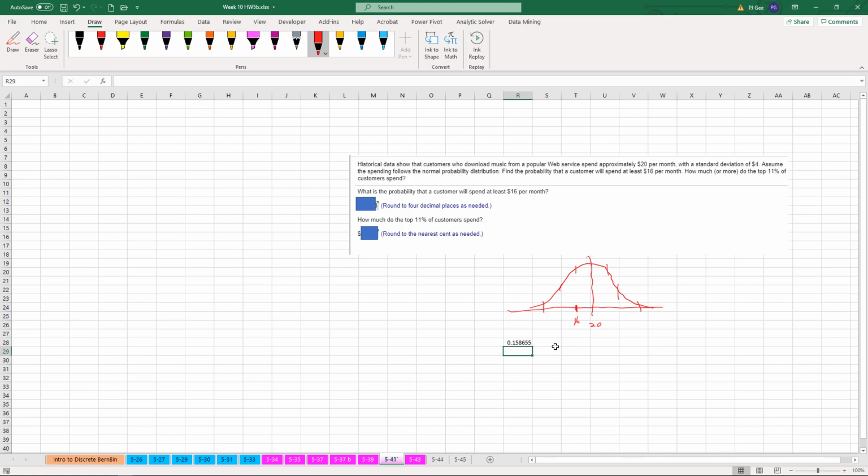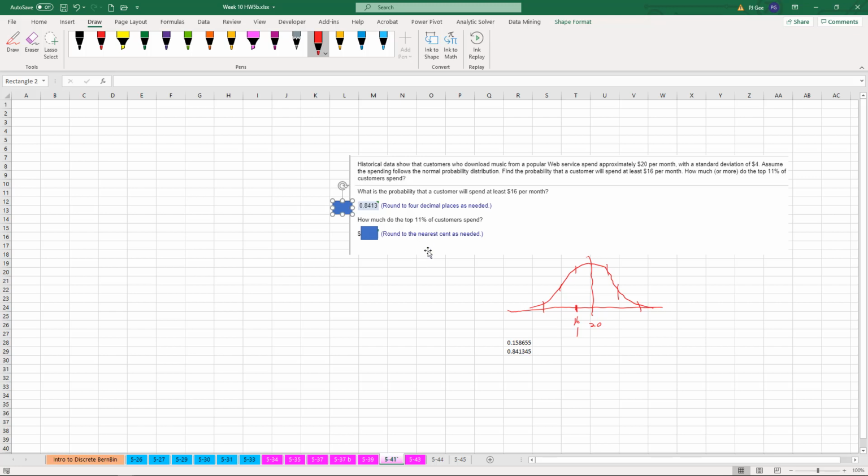So it says this 15 is good enough. What we calculated here was up to 16. And we need to take 1 minus that, which is equal to 84%. Those spend at least 16, right? There's our 84 right there. Good. All right. That worked out.